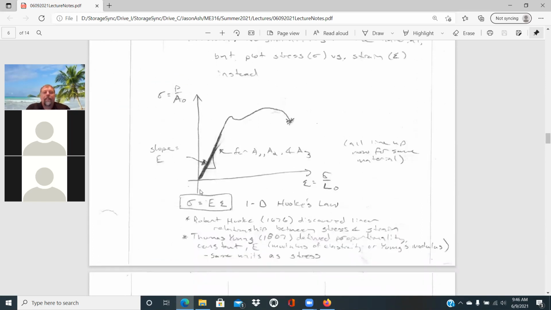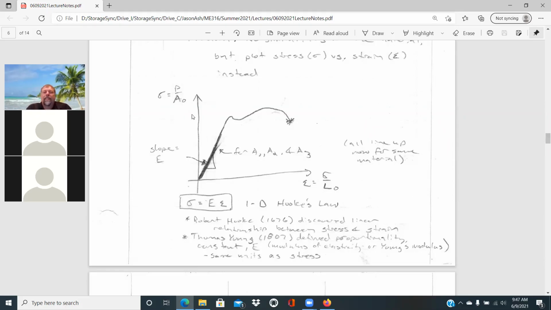This is engineering stress and strain. Sigma is your load applied over your original cross-sectional area, and your strain is your displacement divided by your original length. All these collapse onto the same line for a given material, and that slope would then be equal to the Young's modulus of the material.